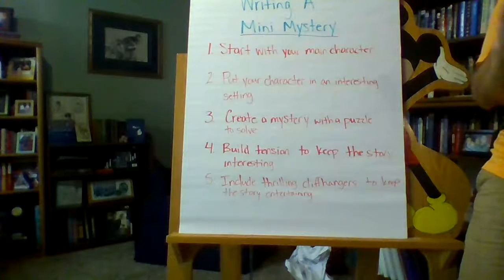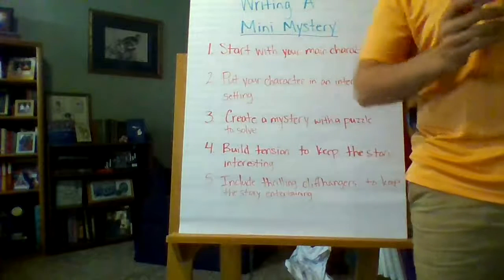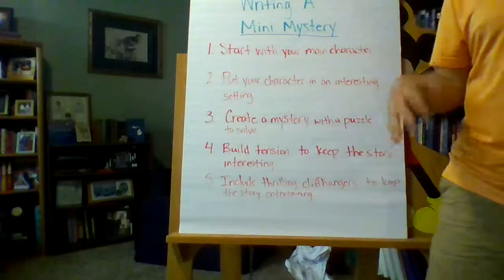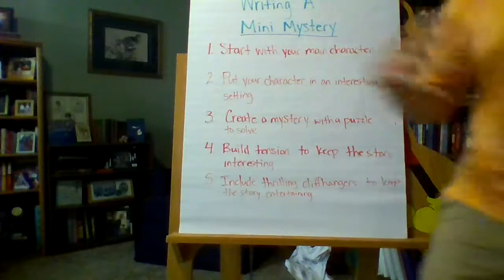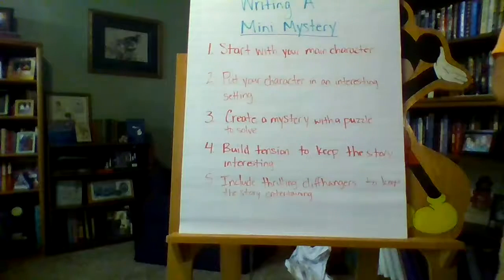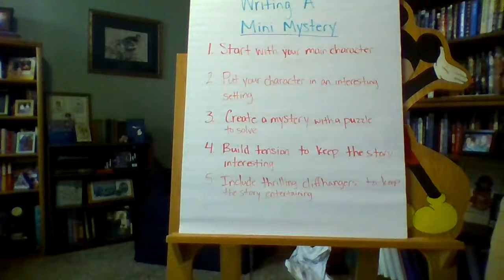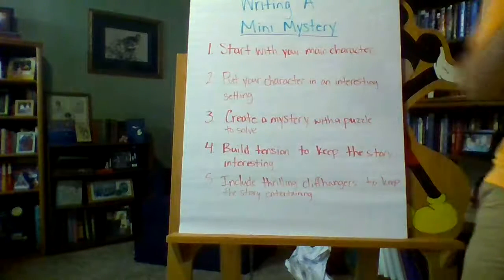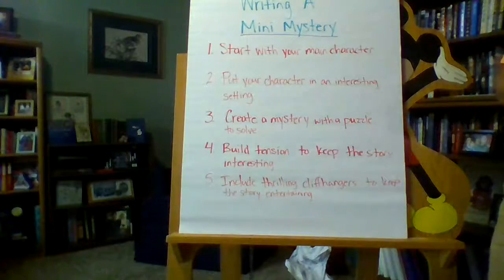Maybe the character is getting too close and the bad guy tries to hurt them and the good guy narrowly almost gets hurt, but he barely gets away or gets by. So things like that are kind of exciting. You're not really sure what's going to happen next.